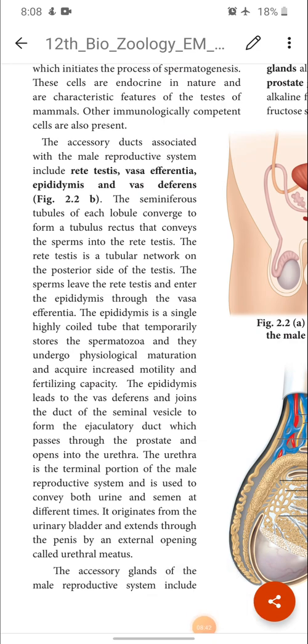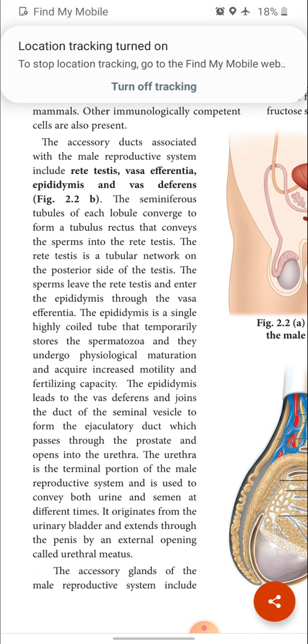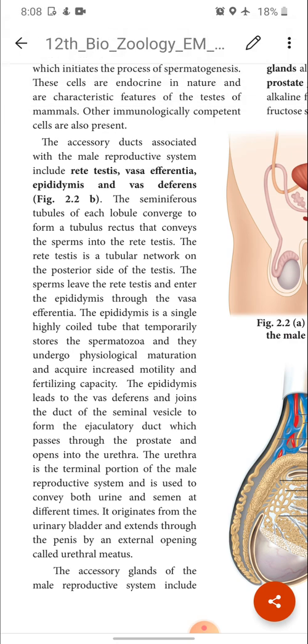Okay, in this paragraph I have discussed with you the accessory ducts. The seminal tubules converge to form the tubulus rectus and convey the sperm into the rete testis. Rete testis is a highly coiled tubule which conveys the sperm into the epididymis through the vasa efferentia. The epididymis leads to the vas deferens.